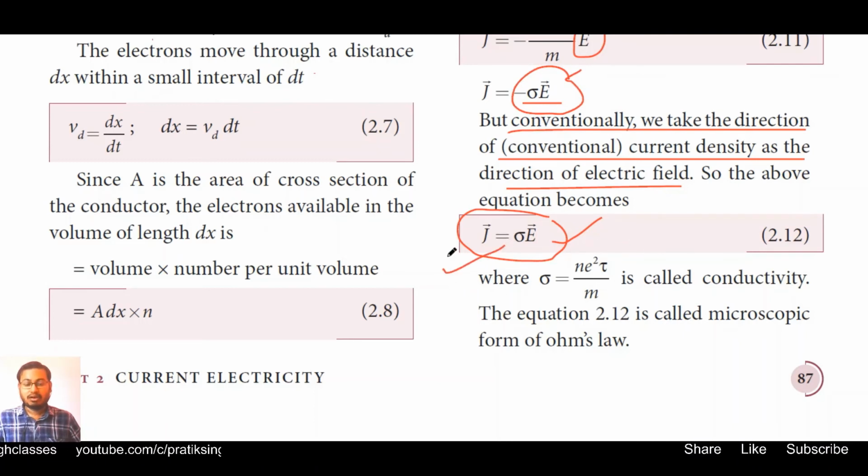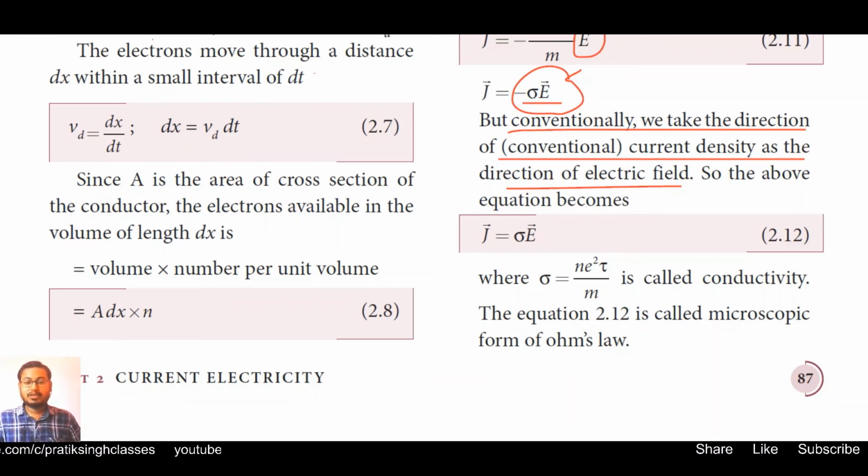This is not the ideal equation. This is just a conventional equation. Fine. We know very well that σ = ne²τ/m, and it is called conductivity, as we have seen in our previous video. Now equation 2.12 is called the microscopic form of Ohm's law.